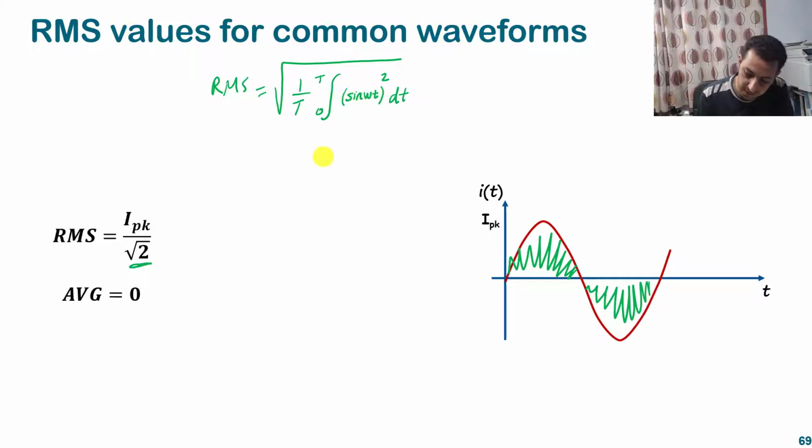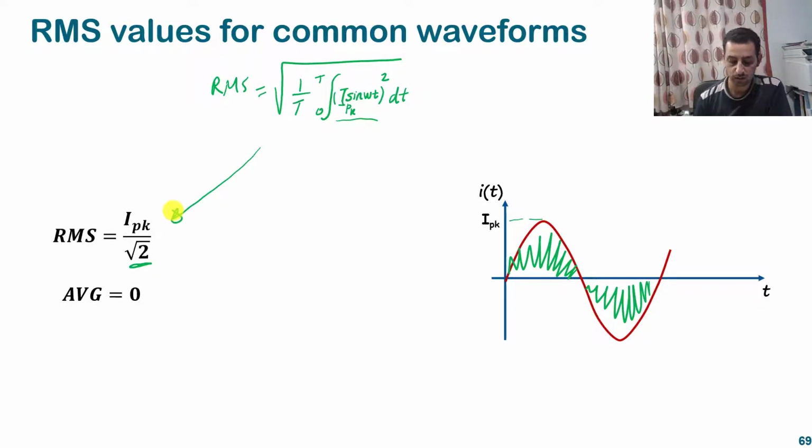After getting the square of that and following the integration from the math, you don't need to memorize the integration of each function, you can use calculus or any other references to get the integration done, and finally you will get this value. Okay, so this is the RMS value and average value for a sine wave.